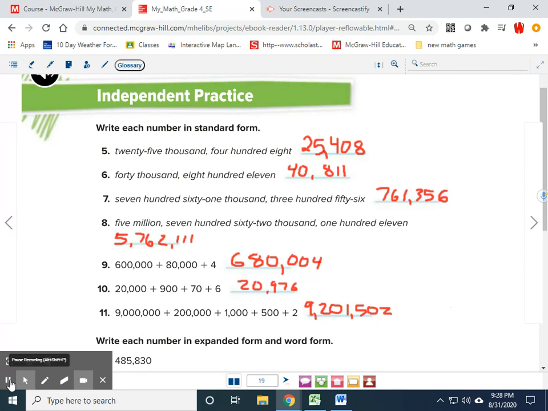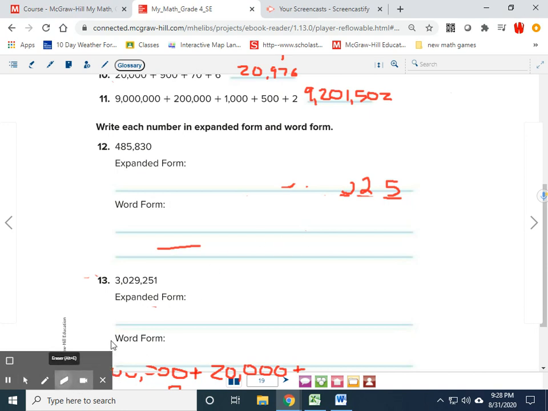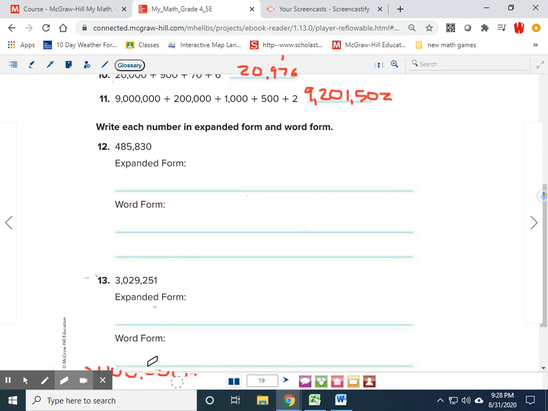Now, down below for questions 12 and 13, I believe it is, we just have to write them in word form and expanded form. So go ahead and try those and pause your video right now. And then after you've tried them, you can come back and see if you have the correct answers as well.